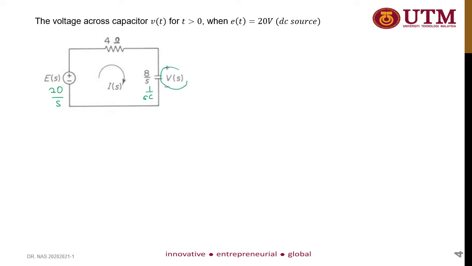To get v(t), you need to determine from V(s), which you can get by using voltage divider. So V(s) equivalent to E(s) multiplied with 8 over s divided by the total impedance 4 plus 8 over s.